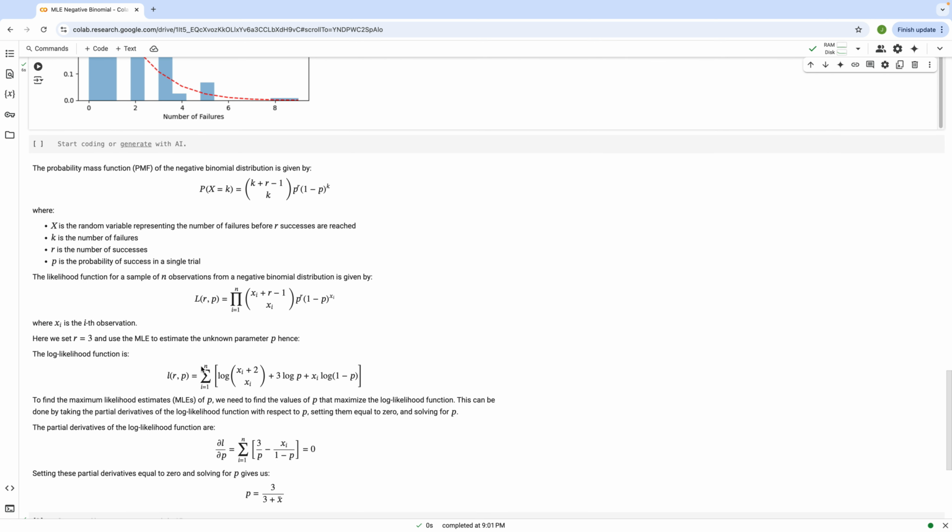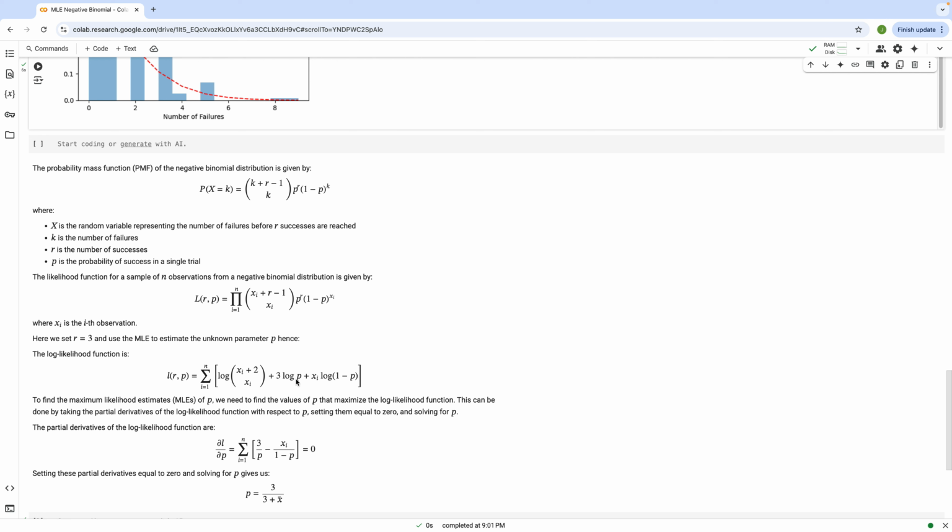Then what we do is we take the log of the likelihood function. That changes products into pluses. And we get this. Keep in mind, we plug in r as 3, and it gives us this form. So this is the log of the likelihood. We want to maximize the likelihood function, so we take the derivative with respect to p, the unknown parameter.